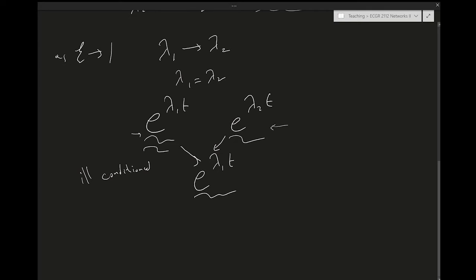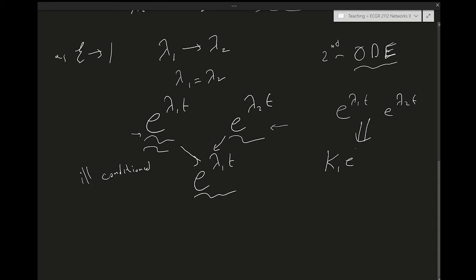And why is that a problem? Well, that's a problem because according to ODE theory, all general solutions of second order differential equations are built from two solutions. So you have two solutions, e to the lambda 1 t and e to the lambda 2 t, and these are the two basis solutions that you solve for when you solve the characteristic equation, and then the general solution is built from those two solutions.